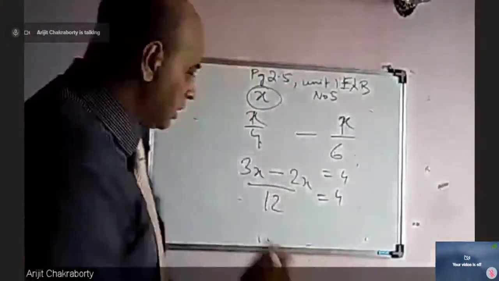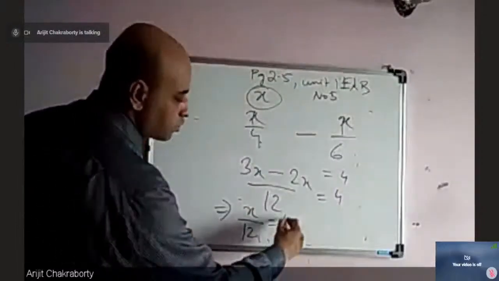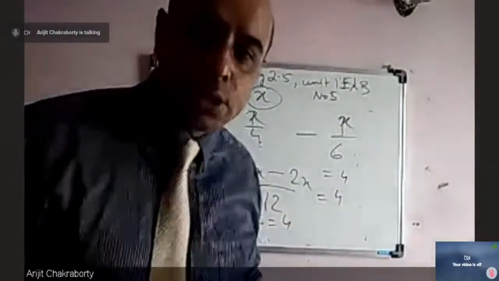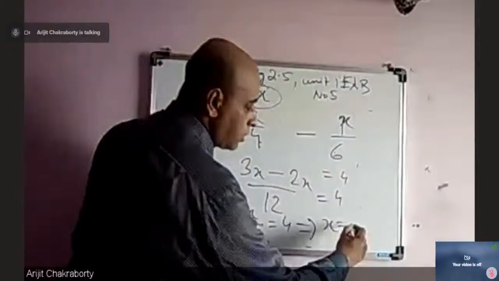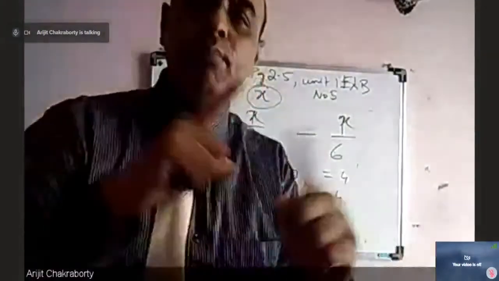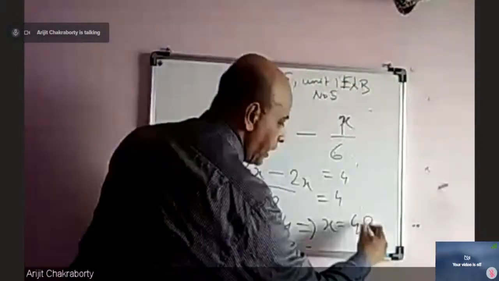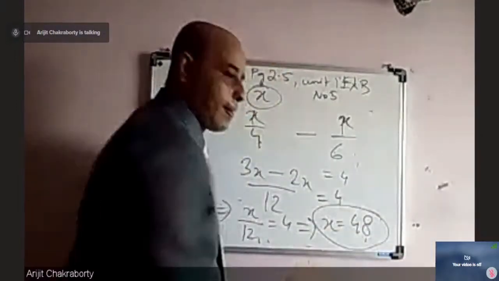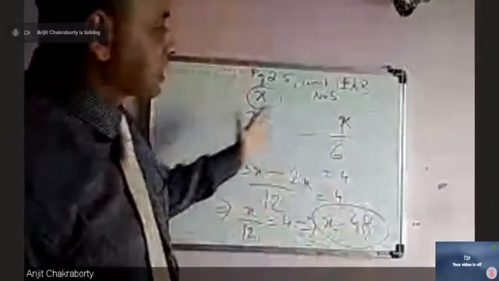Only x. So this means x by 12 is equal to 4. If x by 12 is equal to 4, then x is equal to how much? 12 multiplied by 4, that is 48. So the number is 48, right? And that is what we wanted to find out.